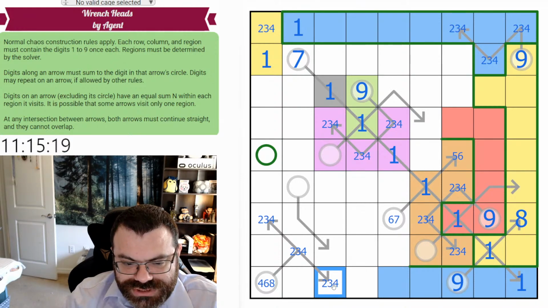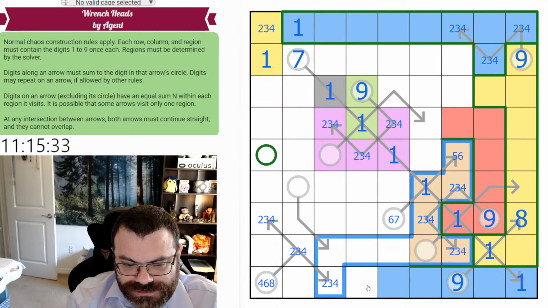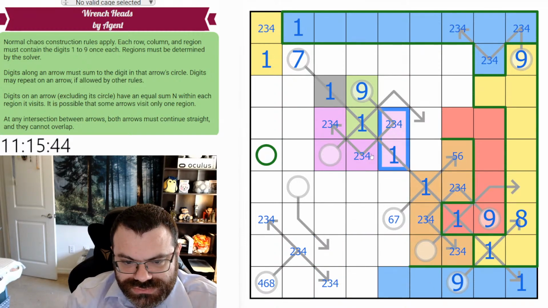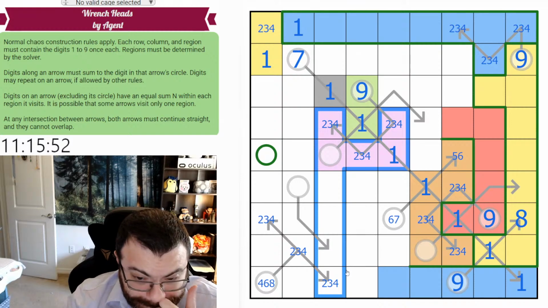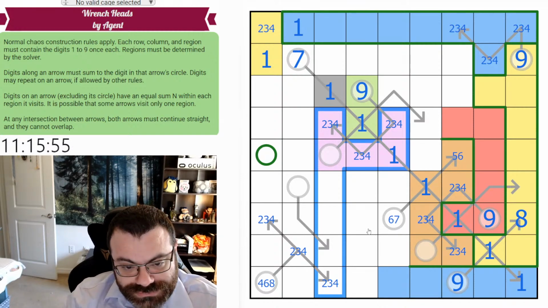So I guess the question is, who can reach this cell? Technically orange could reach it, but I think it would cut off blue from finishing. Yeah, there's no way to avoid cut. No, we could do. Yeah, if we did that, that cuts off blue even more. So orange can't reach it. I think purple could just go straight down and get it. That might not lead.